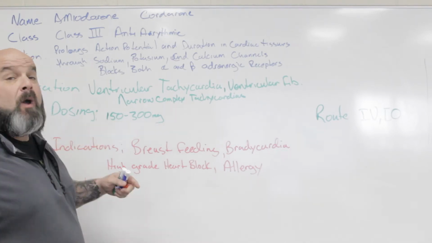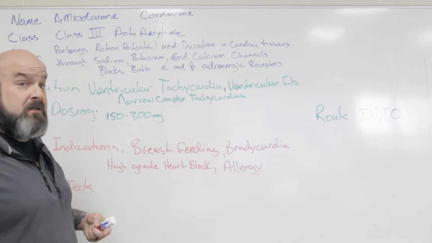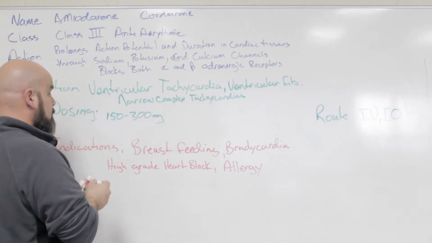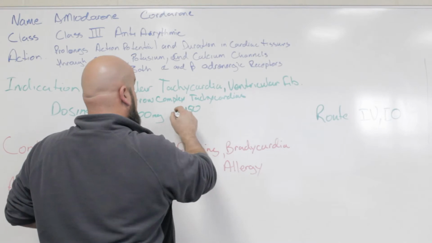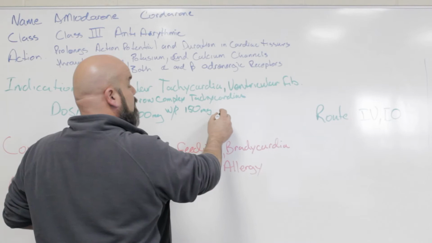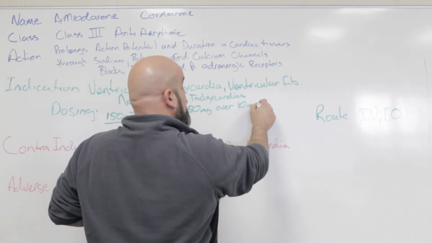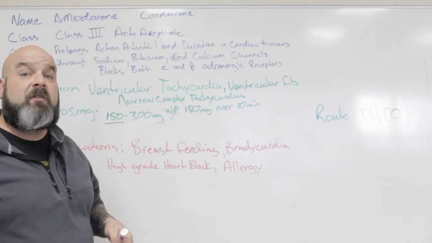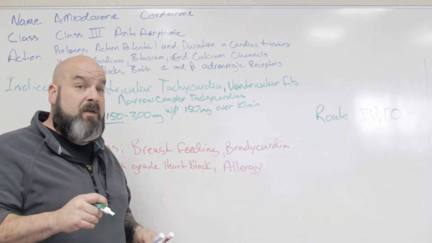So if you have pulses, if you're in a tachycardia with pulses, you're going to give 150 milligrams over 10 minutes. Okay? 150 milligrams over 10 minutes. That is a tachycardia with pulses.